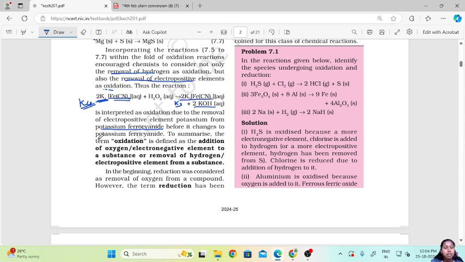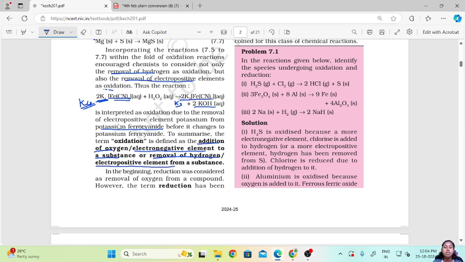So to summarize, the term oxidation is defined as the addition of oxygen or an electronegative element to a substance, or removal of hydrogen or an electropositive element from a substance. So in short, by including all these factors, we can define oxidation as addition of oxygen or electronegative element to a substance, or removal of hydrogen or electropositive element from a substance.